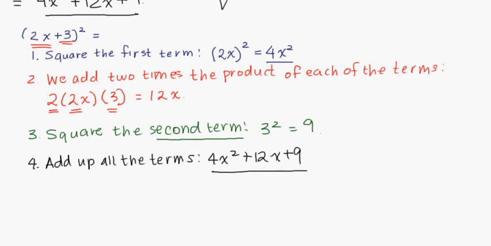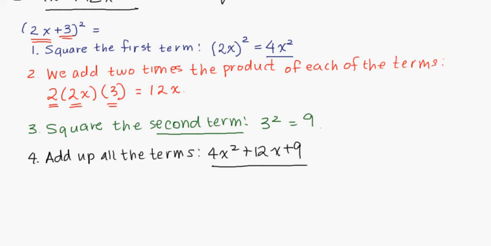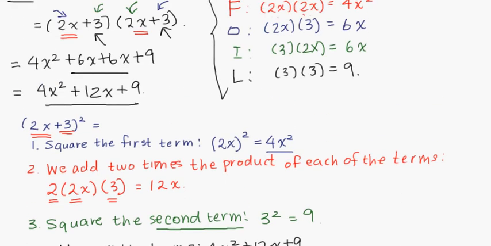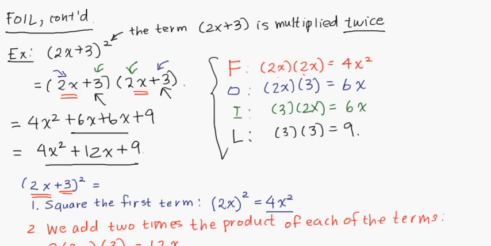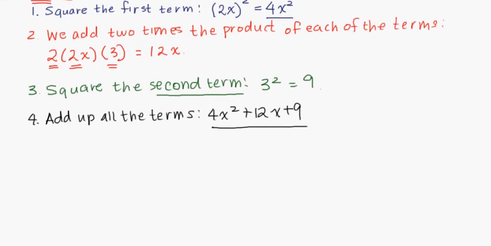Okay. Now, why can we do this trick when the binomial factor is squared? Well, as you can see, when we were doing the FOIL method, the outside and the inside were exactly the same. So that basically meant that we multiplied the product of those two by 2.